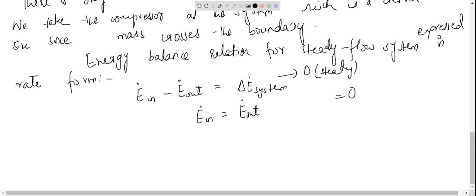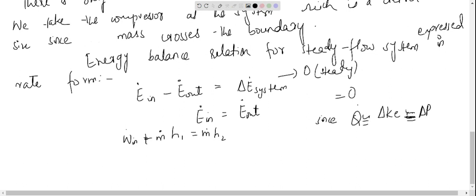So this becomes the input power plus m dot H1 equals m dot H2, since Q dot is approximately equal to 0, the change of kinetic energy approximately equals 0, and the change in potential energy approximately equals 0.